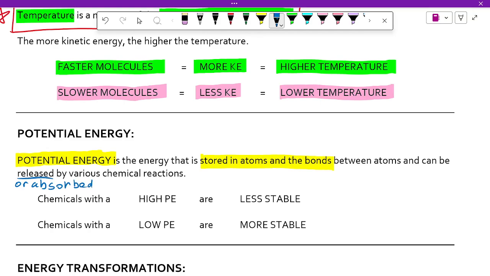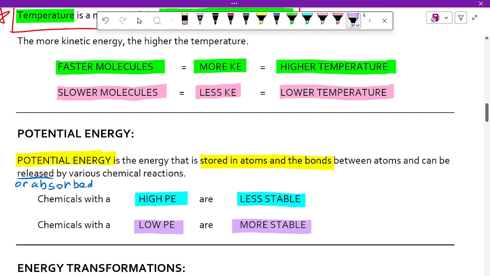If you have a high potential energy, they are less stable. If you have a low potential energy, those are more stable.